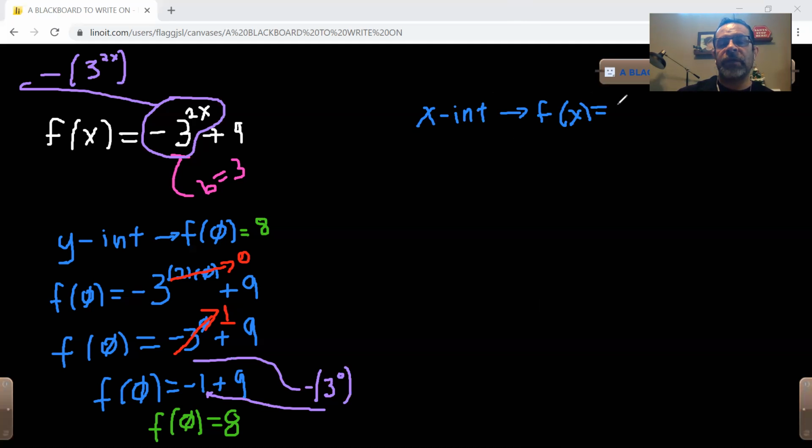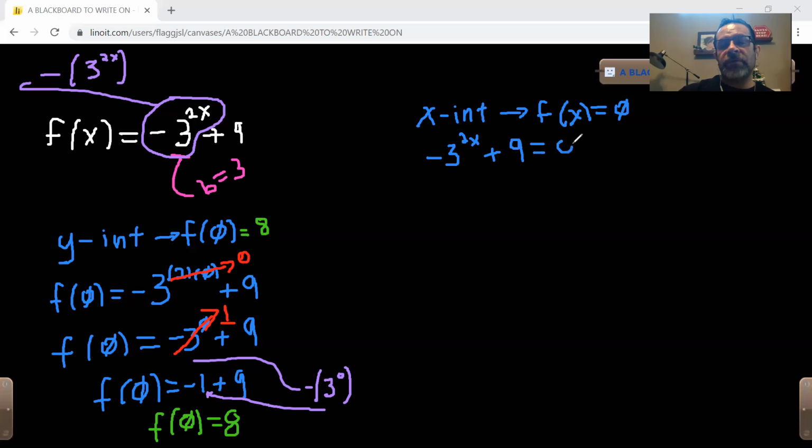Remember that here we need to find the roots of the function, or the values where it's going to be crossing the x-axis. So now what we're going to have is that minus 3 to the 2x plus 9 is going to be equal to 0.